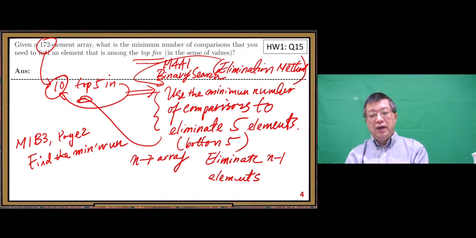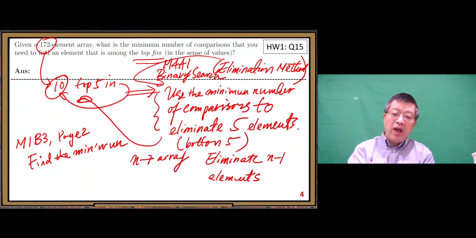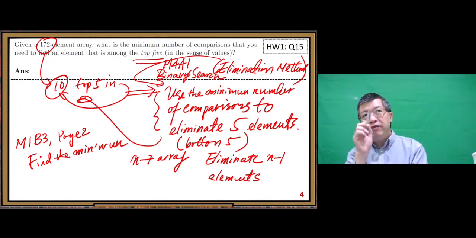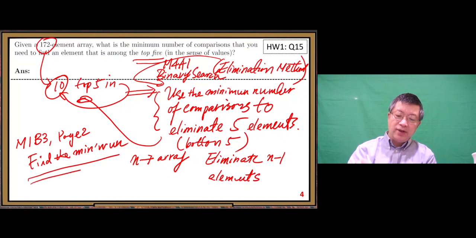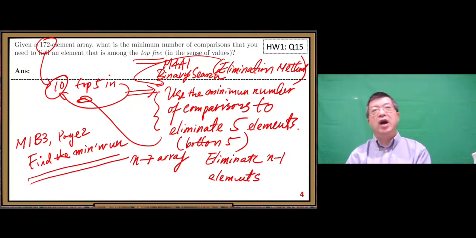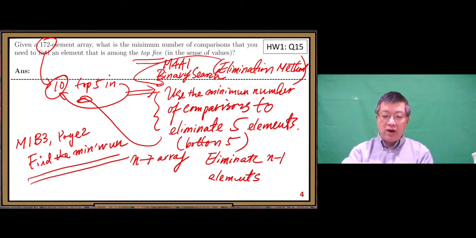So you use the same idea. Now we are given 10 elements and we need to eliminate 5 elements. The numbers are different, but the idea is very similar. Can you solve it? Use this problem to help you. All right, so that's all 4 questions for part C.3. We have another part, C.4, left.